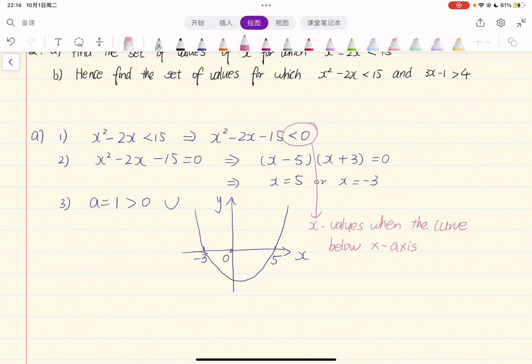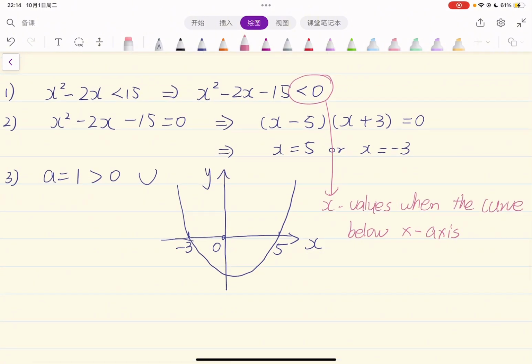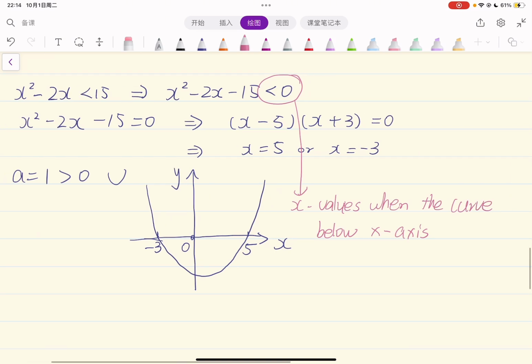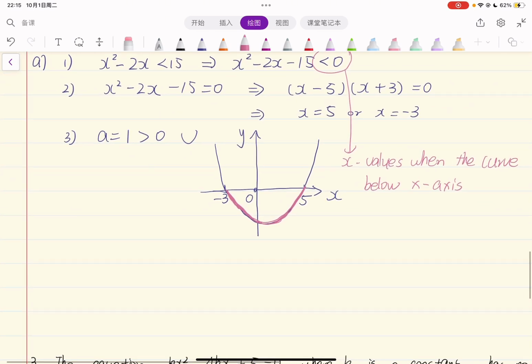And we know the critical values: one is minus 3 and another one is 5. So below the x-axis is this part. Right? Thus, we got the answer that x is less than 5 and greater than minus 3. That is the answer.